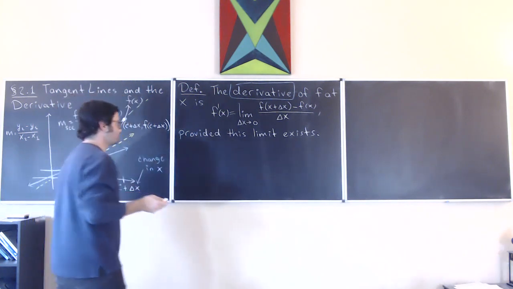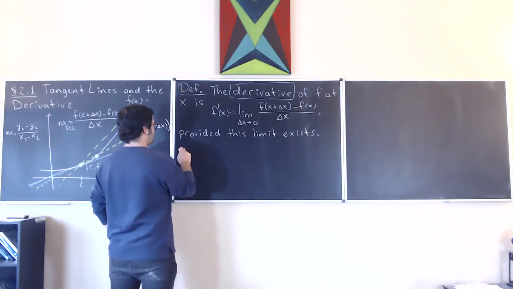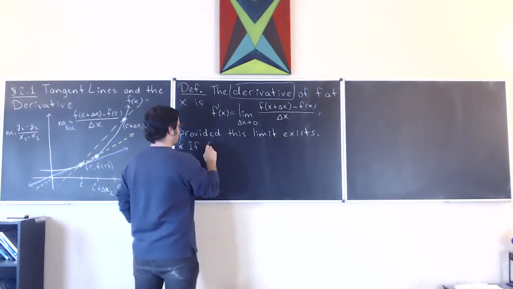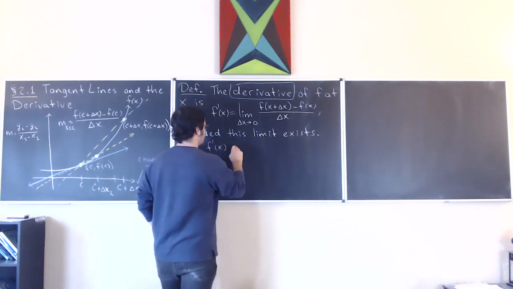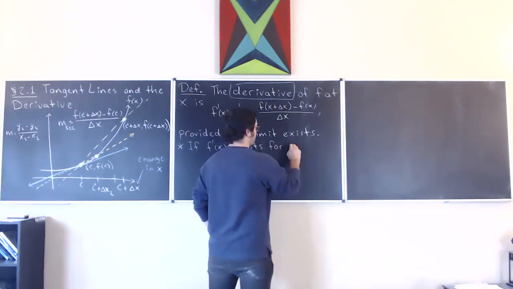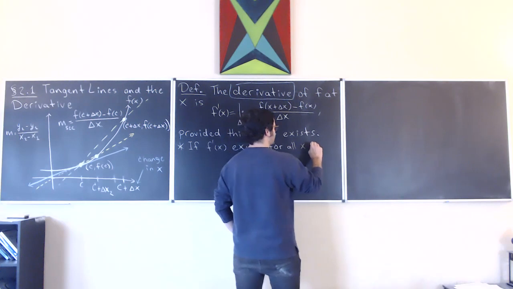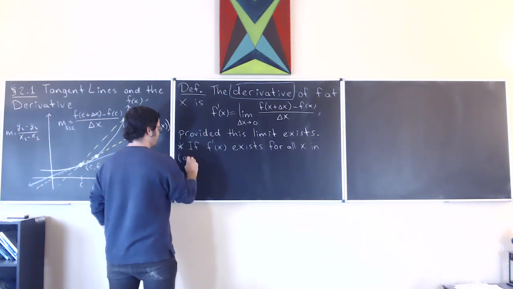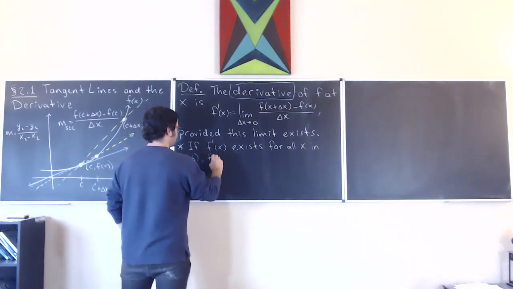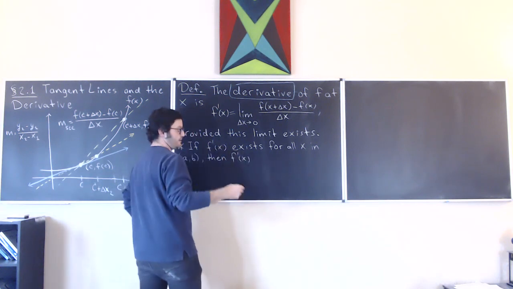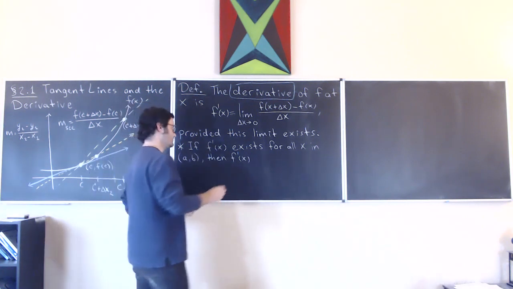However, this is important to note: if f prime of x exists for all x in some open interval, maybe (a, b), then f prime of x defines a function in terms of x on that interval.